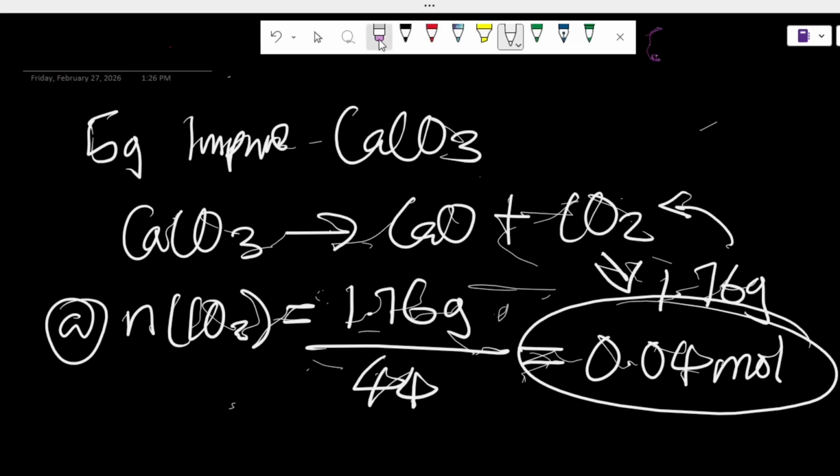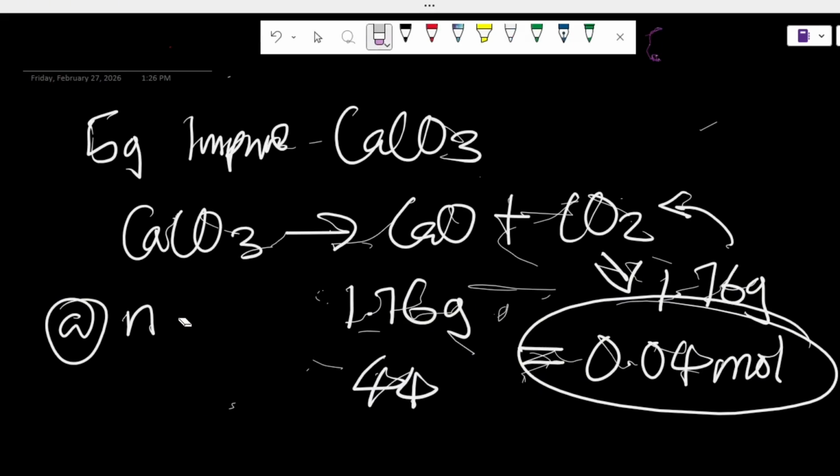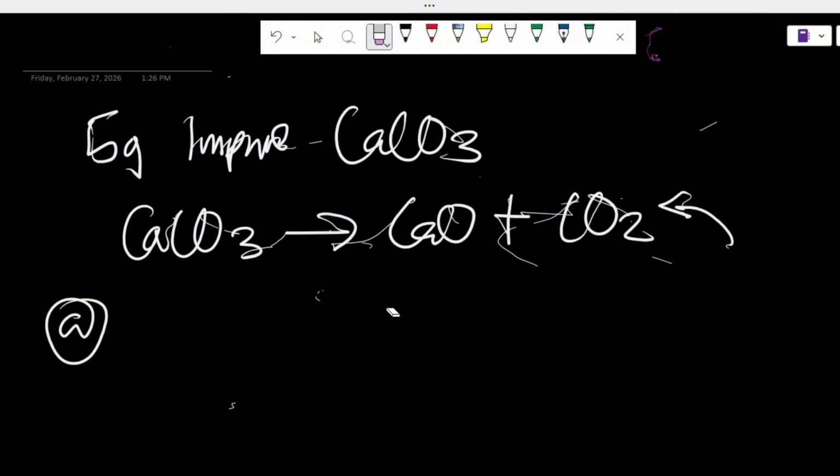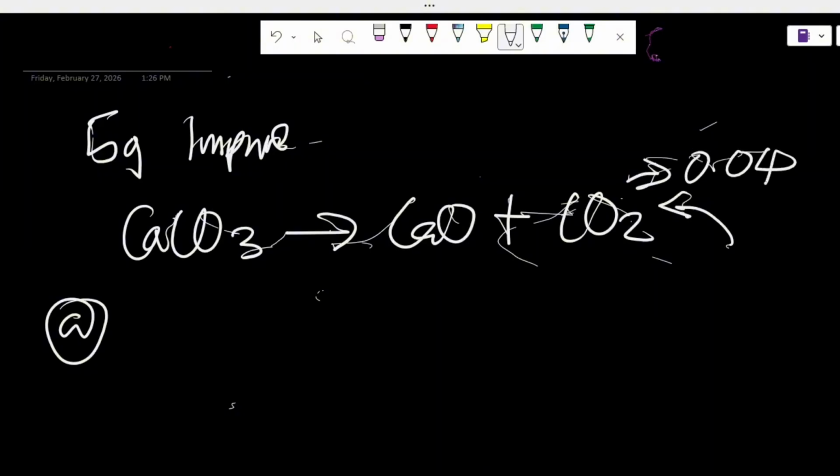Now, the next question is, how many moles of calcium carbonate are decomposed in this particular reaction? Since you have the number of moles of carbon dioxide here, which is 0.04 moles, you can use the mole ratio to find the number of moles of calcium carbonate decomposed.